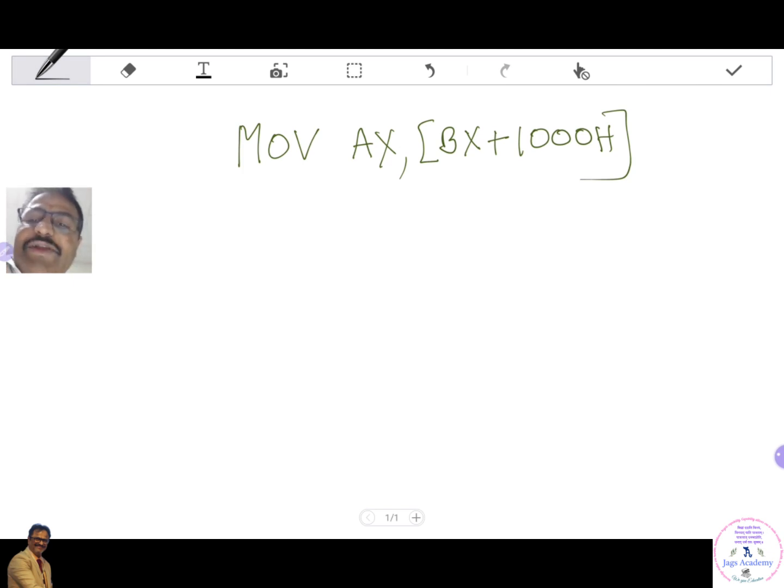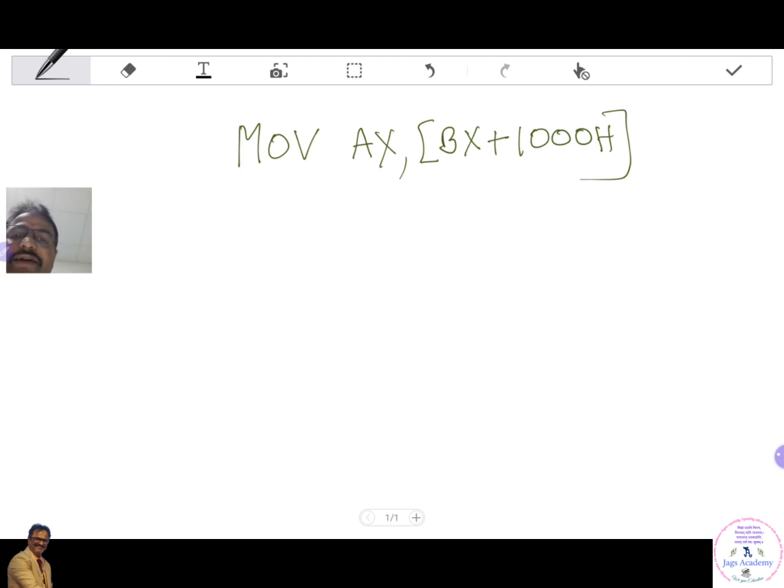This is the instruction given to you. Now, what is the number of machine cycles required by the 8086 microprocessor to execute this?